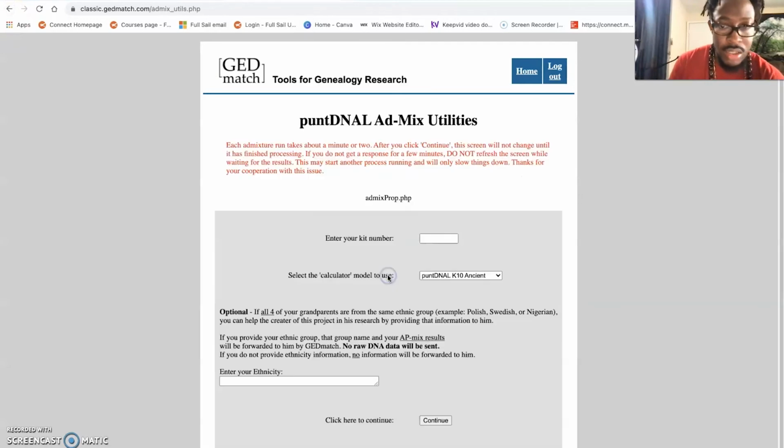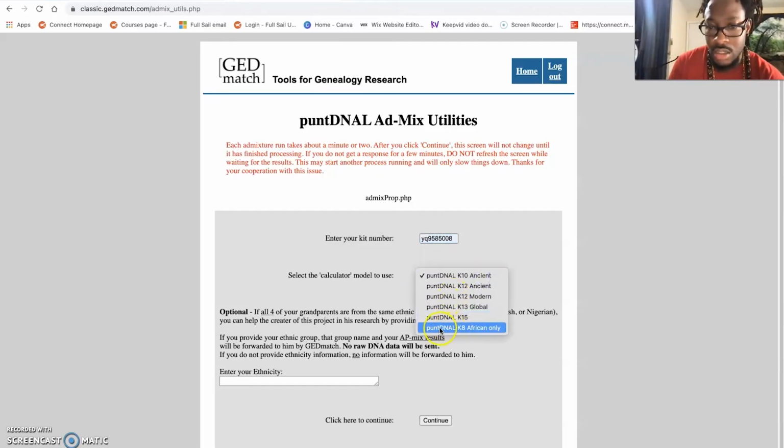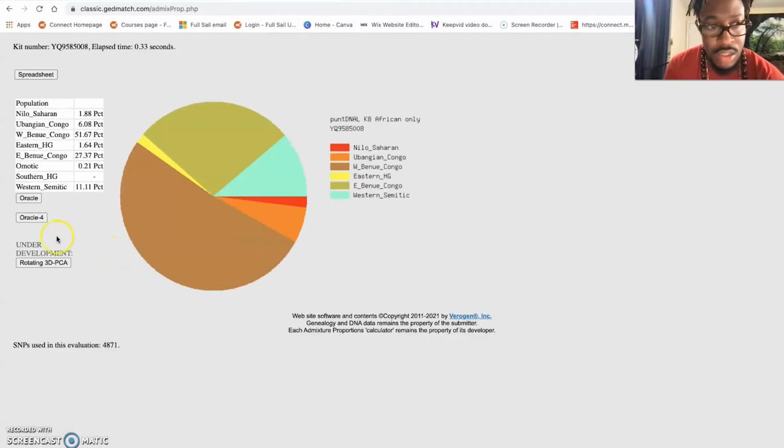Okay, let's try the Puntite Africa only. So this is where your Semitic roots will be lying under this calculation, 11.11.